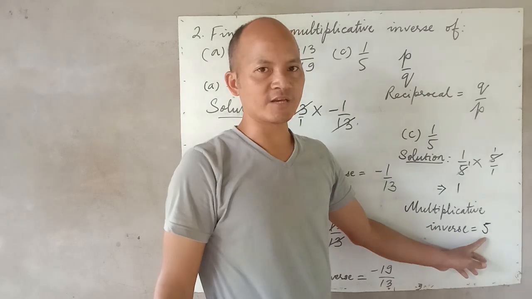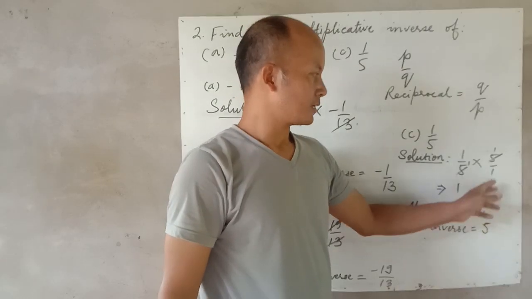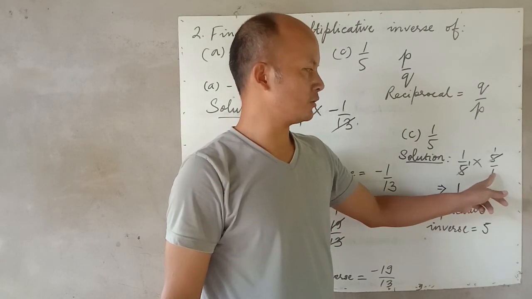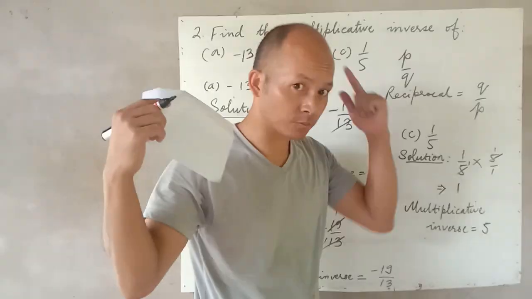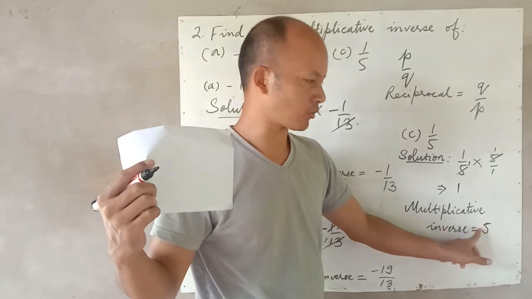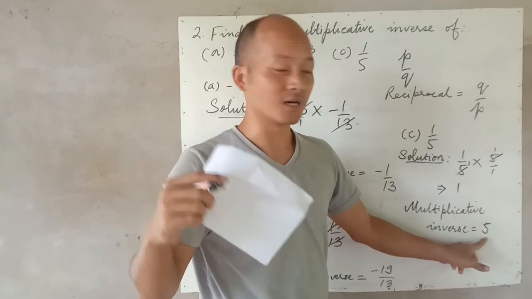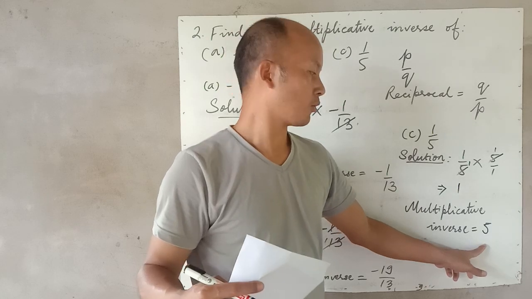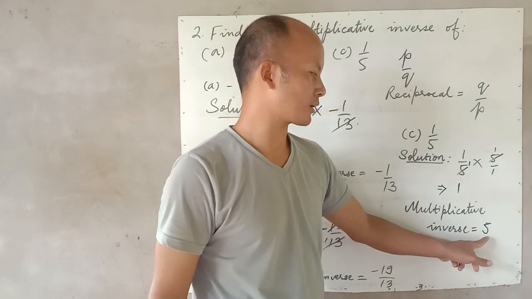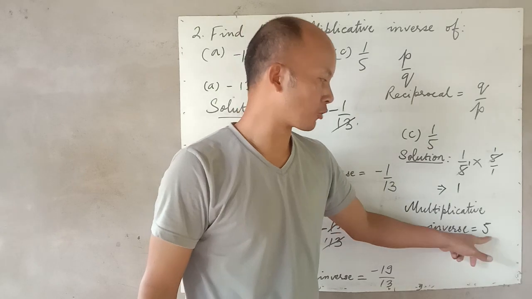Why I simply write 5 is that in this case you don't need to show the 1 here. You should keep in mind that in this ordinary number, in the denominator side there is 1. That is what you have to keep in your mind. You don't need to write it or show it here.